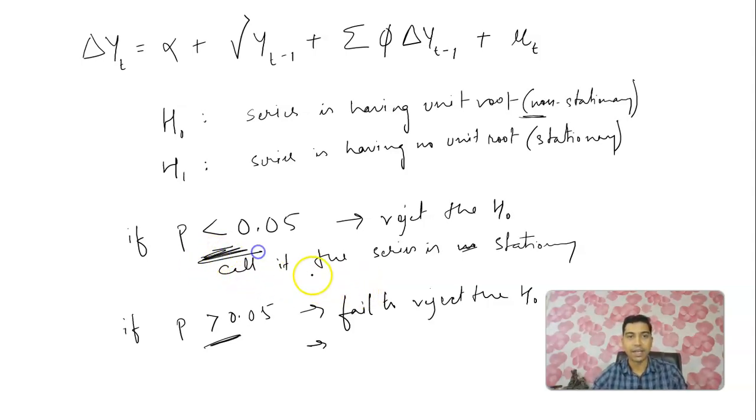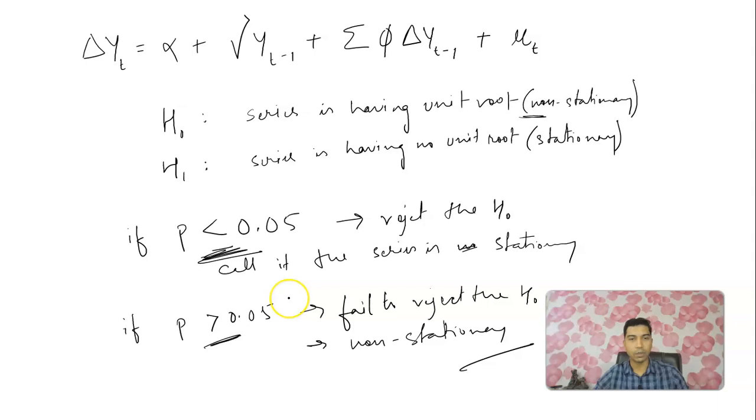So if p value is greater than 0.05, you fail to reject the null, or loosely speaking, you accept the null. What is your null? Non-stationary. So your series is non-stationary, right?